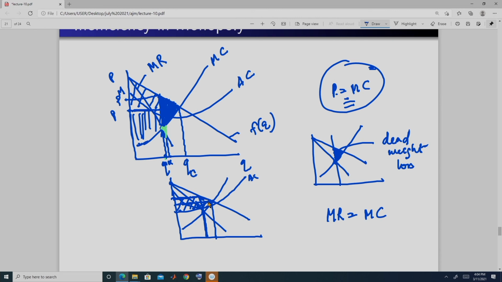Now, what I have to show is that this is an inefficient outcome. Inefficient outcome means that this is not Pareto optimal. If it is not Pareto optimal, that means I can make at least someone better off if I move from this monopoly to this outcome. How can that be done? If the price is here, there may be some people who cannot buy at this price but are willing to pay this much.